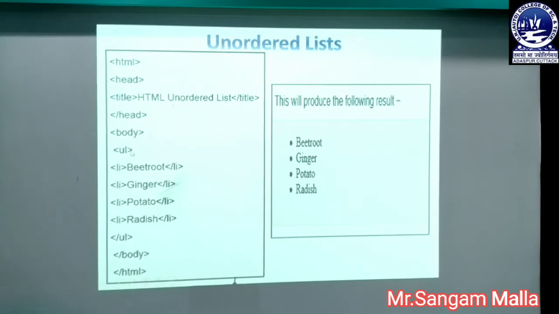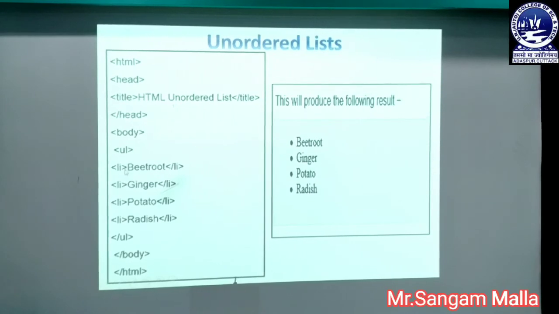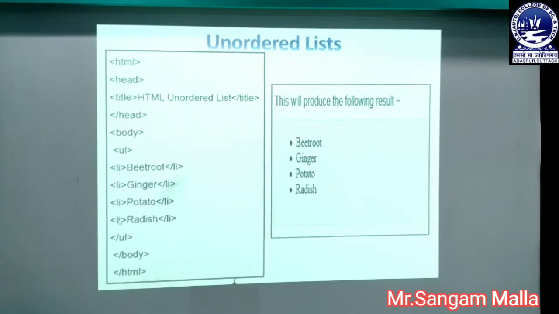You can see that the UL tag is a container tag, and the li tag is a container tag here too. The li is not necessarily a container tag in every browser, but it's better to contain the text to be listed within the list tag. The number of li tags represents the number of items in the UL tag. Here we have 4 items: beetroot, ginger, potato and radish.